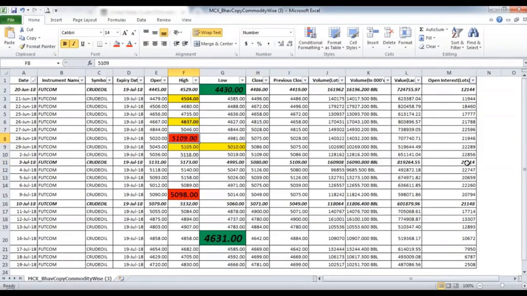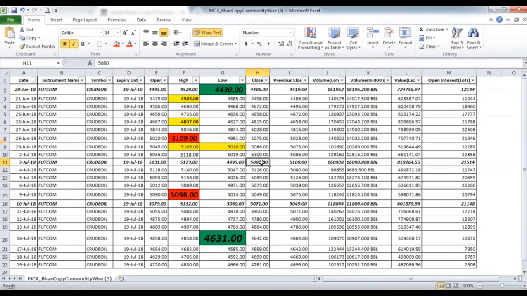The answer is yes. Was there more selling? Okay. Now, if this is the case, this is the resistance, this should form as a support. 4981, correct? So this is a resistance, then this should be a support.